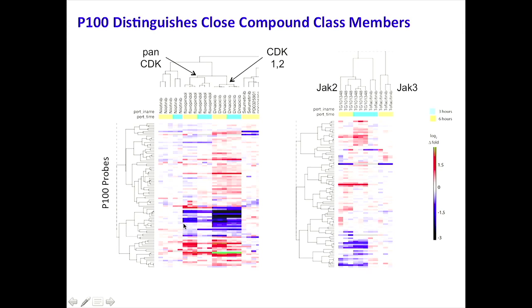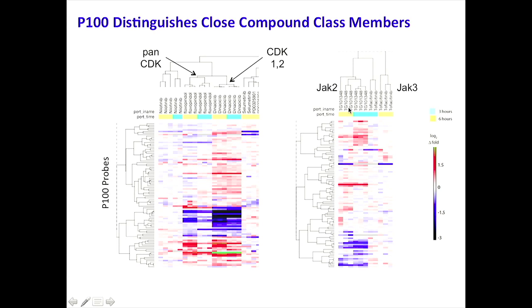They are similar, so that we could recognize CDK inhibitors as a class through the development of their signatures. But the strength of flavopiridol is quite different than the strength of dinaciclib. That could be a dose-related phenomenon. But at the same time, there are different probes in the P100 assay that distinguish them. We can see things that go down with flavopiridol that are neutral or go up with dinaciclib. And we can use the assay to distinguish these close compound family members.